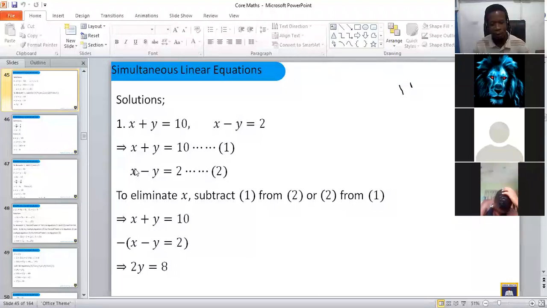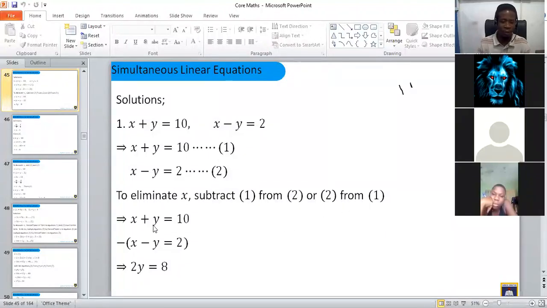When you subtract both equations, we see that the x variable will go to 0. That means it has been eliminated. So we subtract equation 1 from 2 or equation 2 from 1. Any way you do it, you still get the same answer.